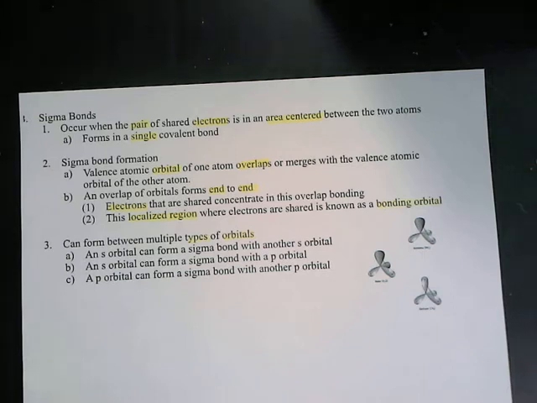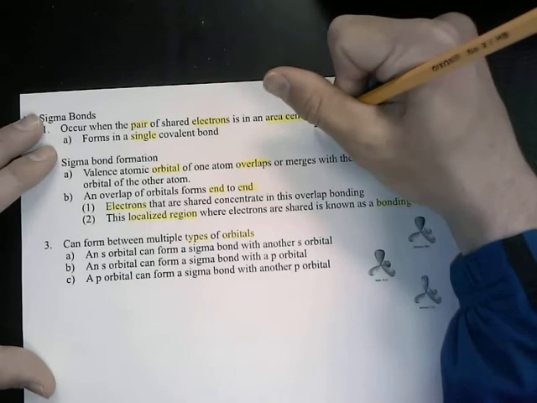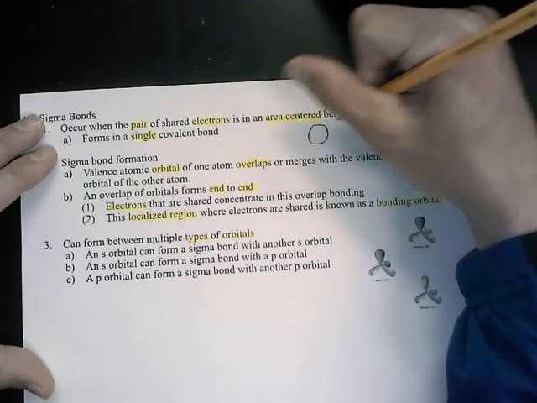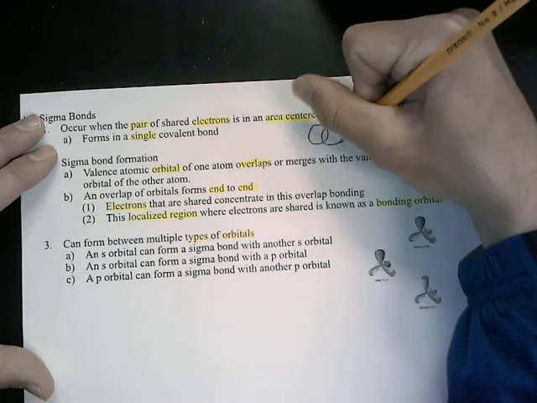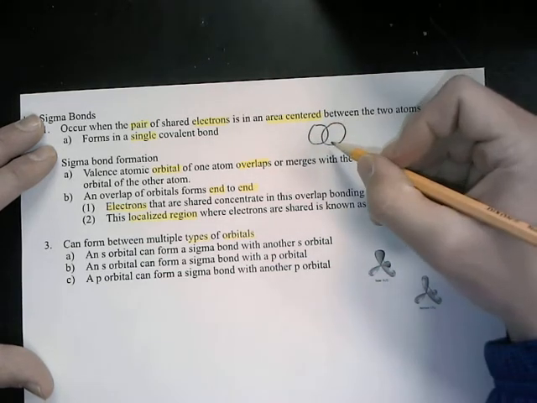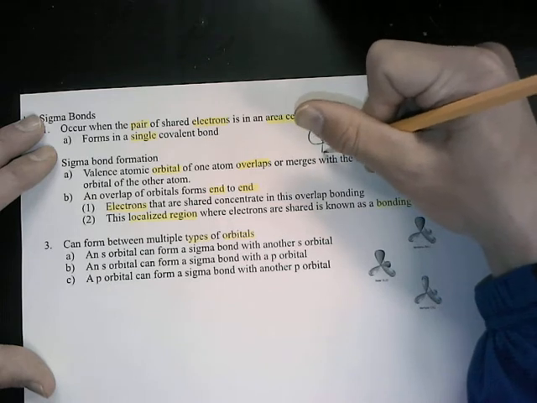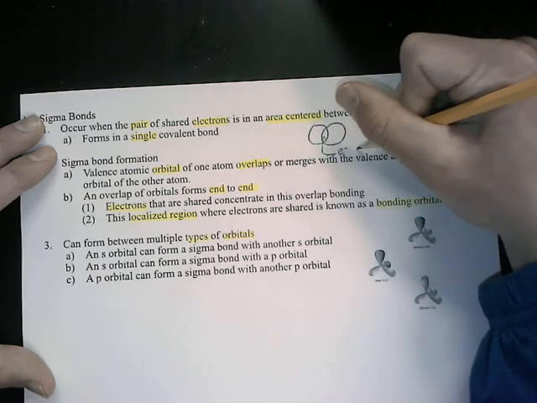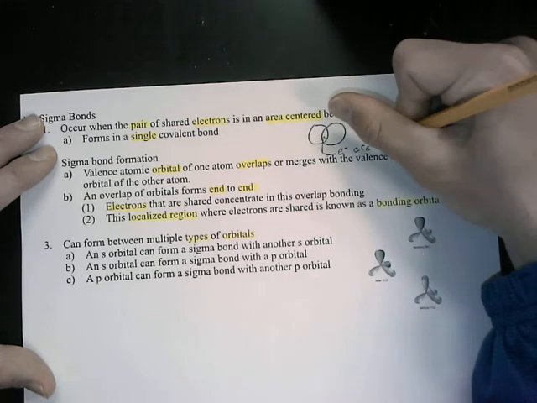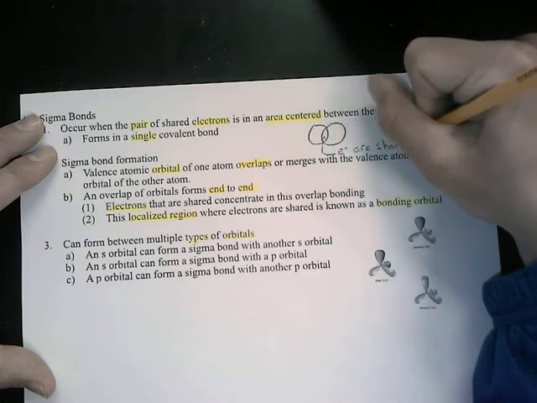I like to think of sigma bonds as a Venn diagram. If we draw a Venn diagram, and I'm just going to represent it with 2 circles, you always have that area of overlap. That area of overlap is where electrons are shared, and we can also call this our sigma bond.